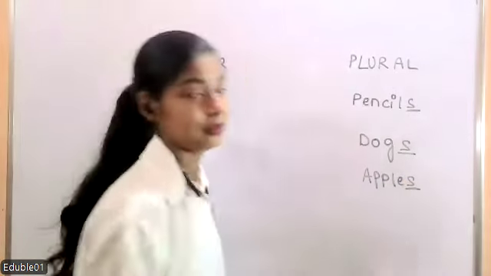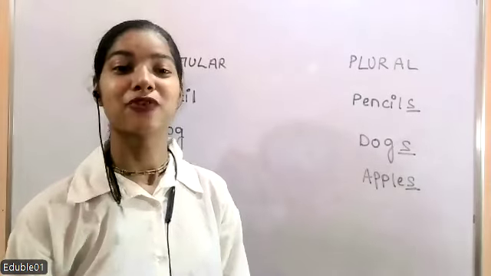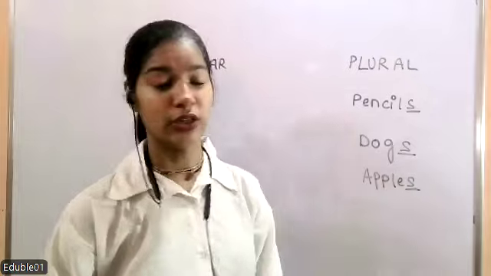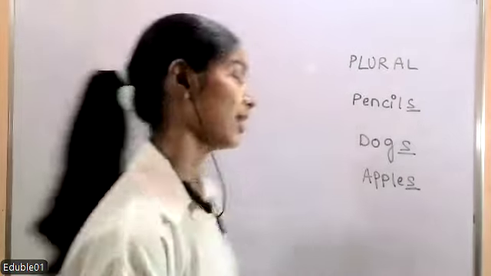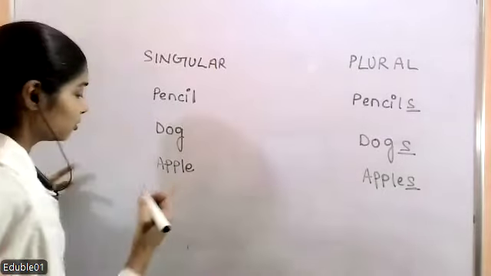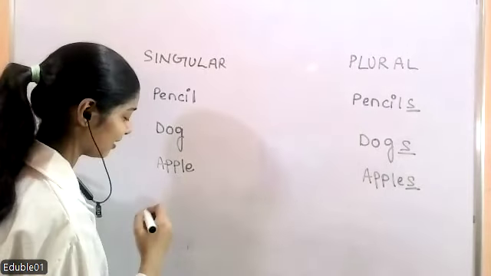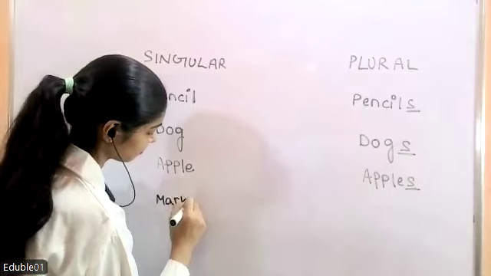Let's take one more example. You also have to give examples from your side. If you are willing to write it down, you can also write it down in your notebook. And you have to think about more and more examples, so that you can learn it more efficiently and nicely. So let's take the example of marker.